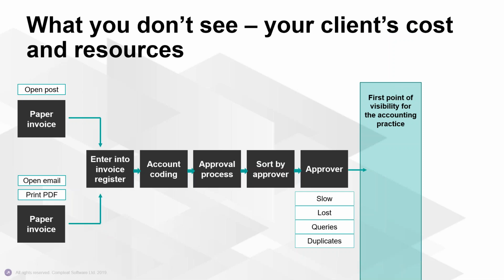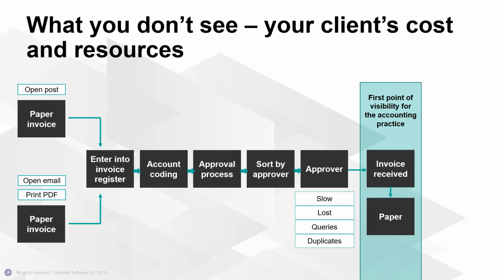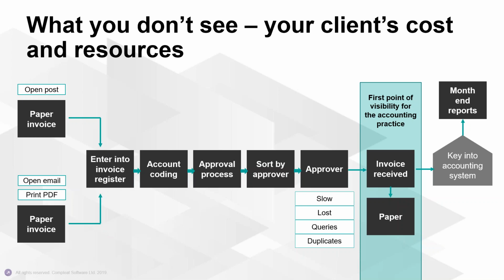This is the first point of visibility of this spend. The invoices you receive should be, or could be, 2 to 3 weeks old. And as we know with growing businesses, the ability to pay suppliers on time to improve relationships, ultimately payment terms and credit accounts is vital.